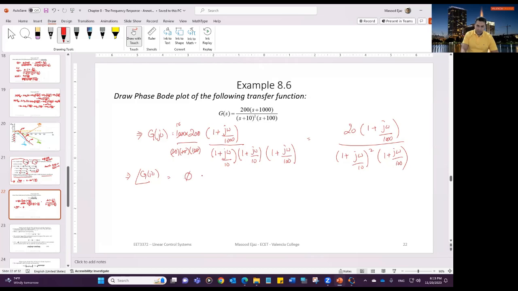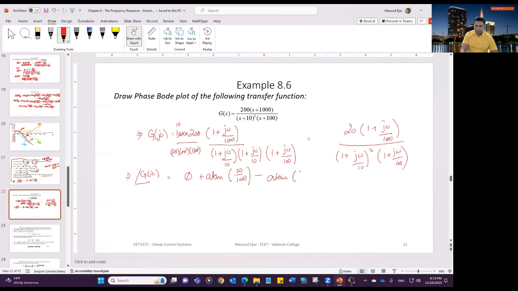Now phase of this is plus arctan omega over 1000. And then phase of the denominator. So in the denominator, both the phases are going to be added together, and then it's going to be subtracted when you write it down. So it's going to be phase of this plus phase of this, and both phases will be the same. Let me write down separately and then we'll add them together.